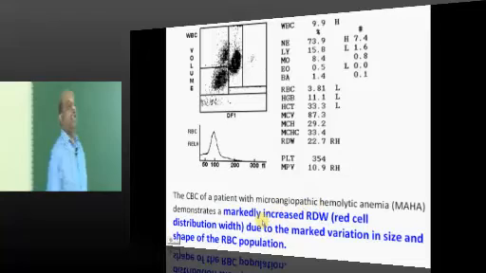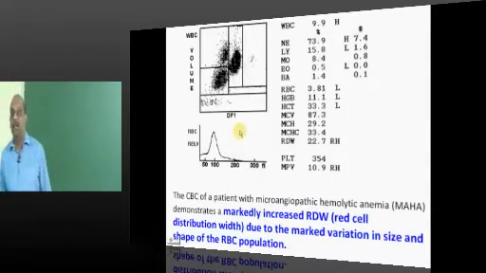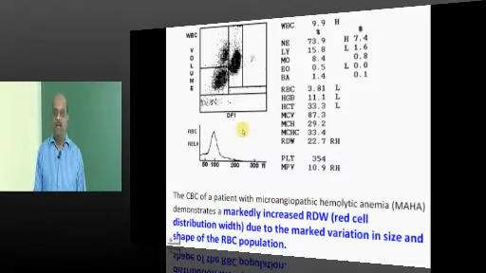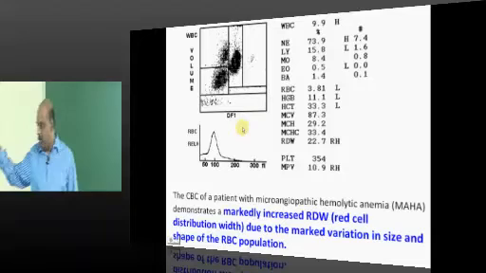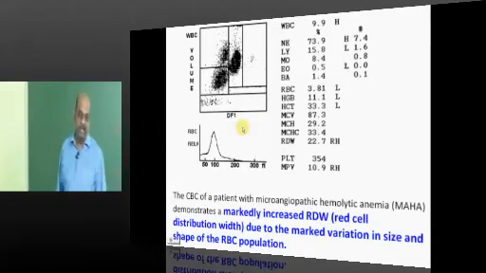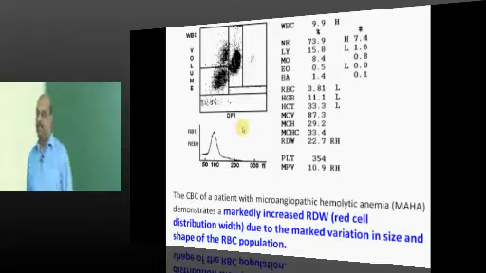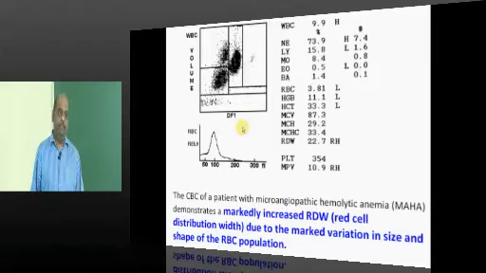Can you tell me one more condition where significant anisocytosis will be there? Iron deficiency. Yesterday we discussed, right? That video is available online. You can always rewind and go back in the history. Those who missed the class, you always have a privilege.